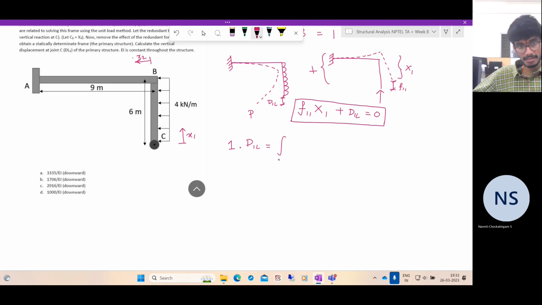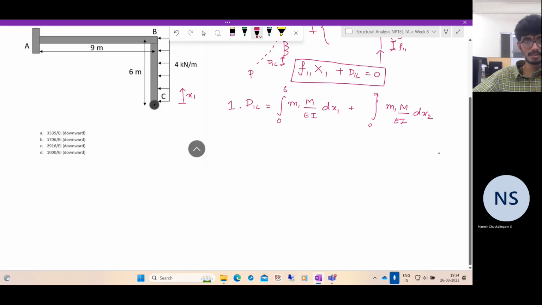So it's integral 0 to 6 of m1 m by EI dx1 plus integral 0 to 9 of m1 m by EI dx2.